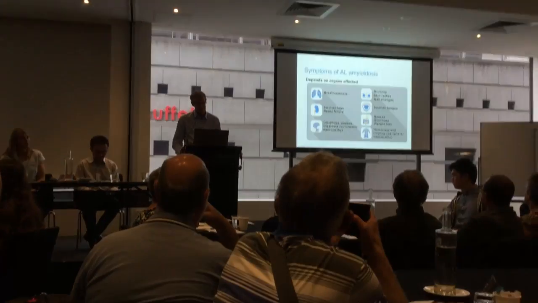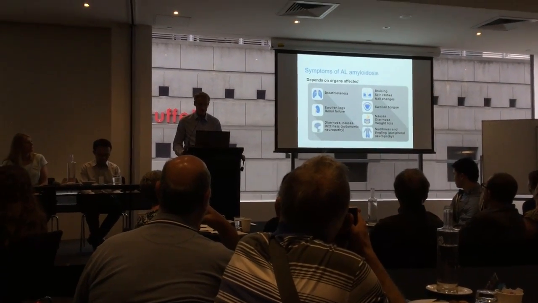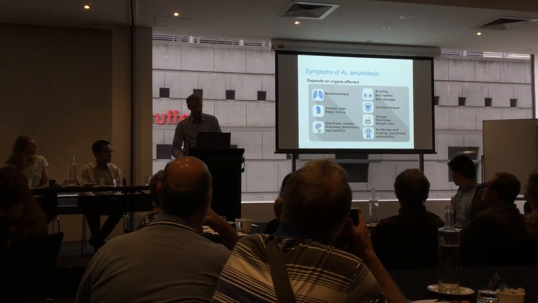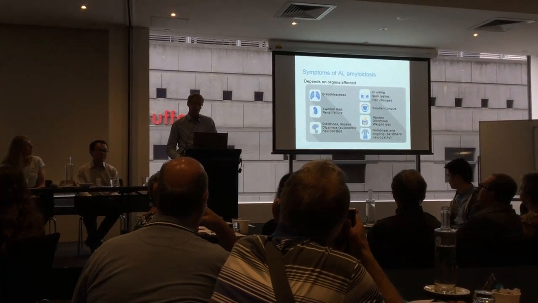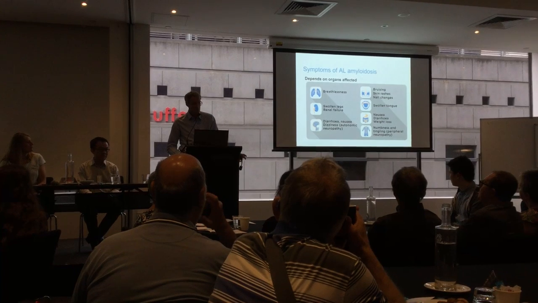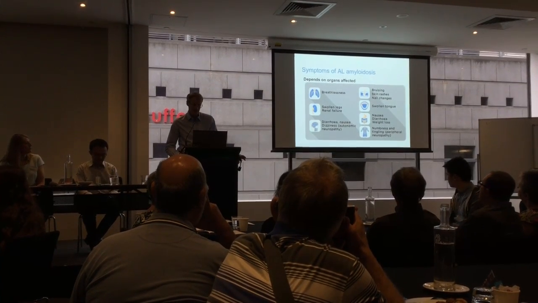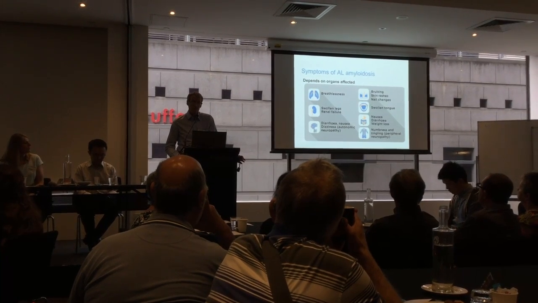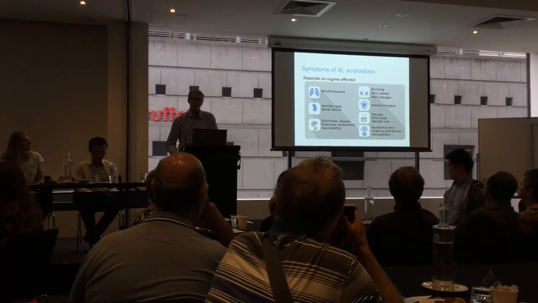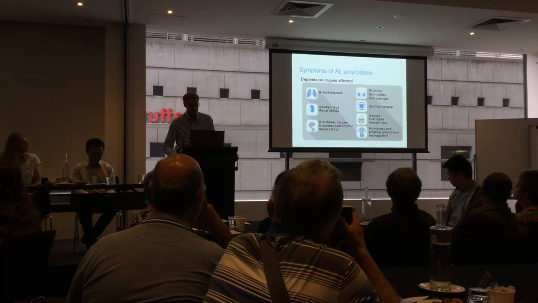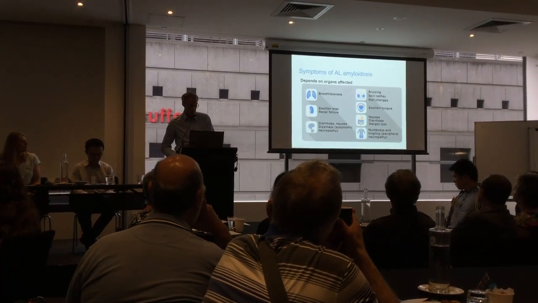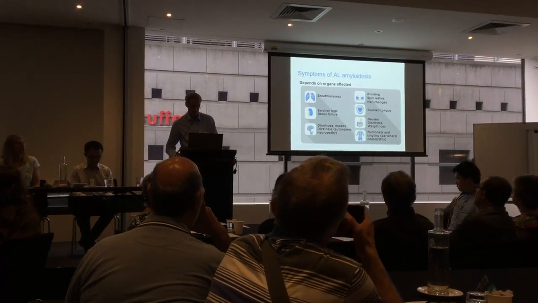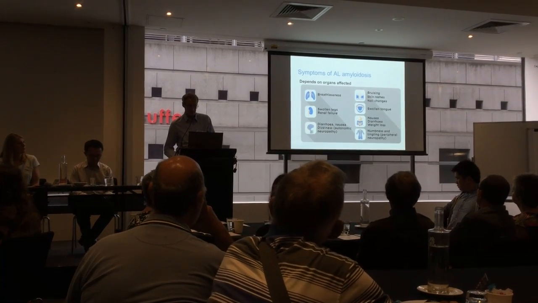And of course, the symptoms of the disease will depend on which organs have been damaged. And these are some of the common symptoms: breathlessness, which can be caused by involvement of the heart. It's actually quite difficult to know what's going on in the lungs, but that can occur as well. Swollen legs can be due to impairment of the heart or the kidneys. And of course, there are a whole variety of gut symptoms, diarrhea, constipation, and so on.